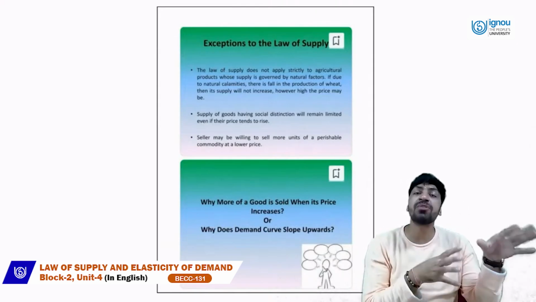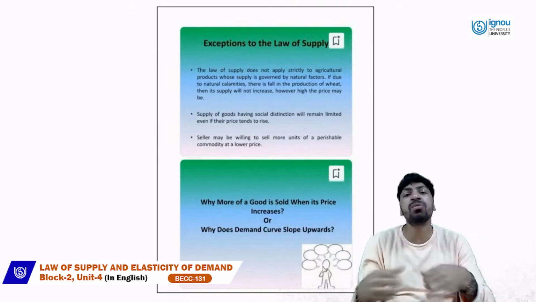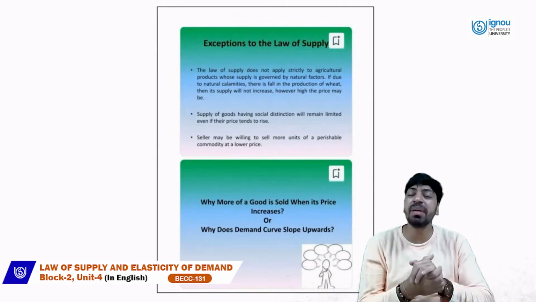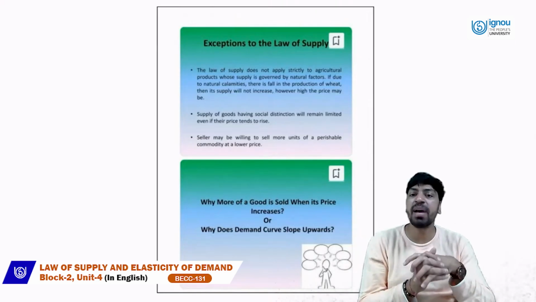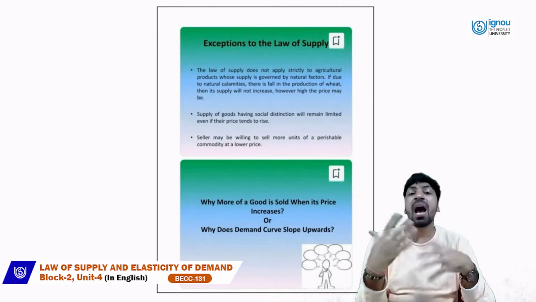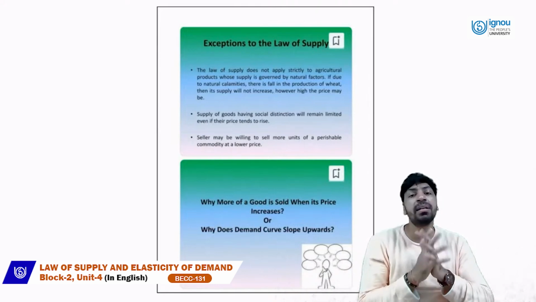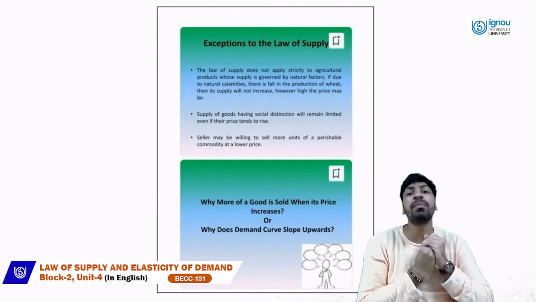Suppose during natural calamities, the production of wheat and rice is not possible or cannot reach the market. Ultimately, the supply would decrease, so automatically the price would be higher in the future. As a result, the law of supply will not hold in the case of agricultural products.